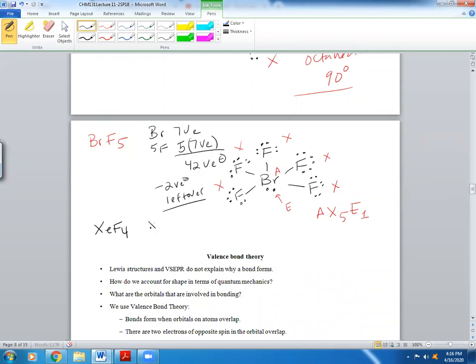You're going to have Xe, and you have 4 Fs. Xe has 8 valence, and then 4 fluorines, each is 7. 28 plus 8 is 36.